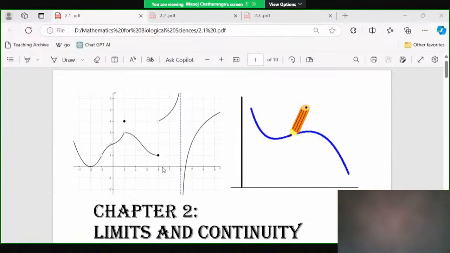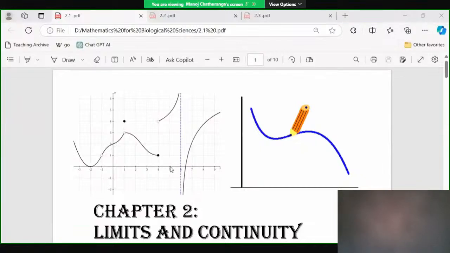In this picture, when you approach 4 from the left-hand side, you're going down. This is like a slide. So when you're sliding down on the graph, the y values reach 1. So as x goes to 4, the left limit is 1.